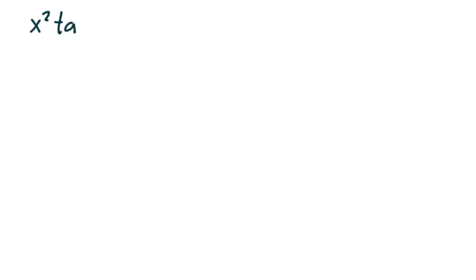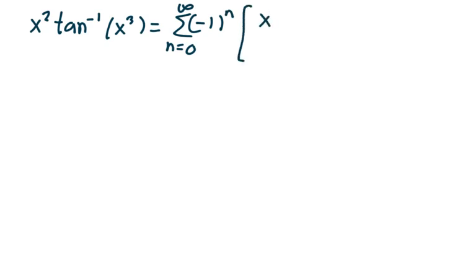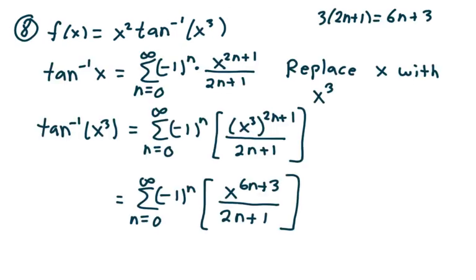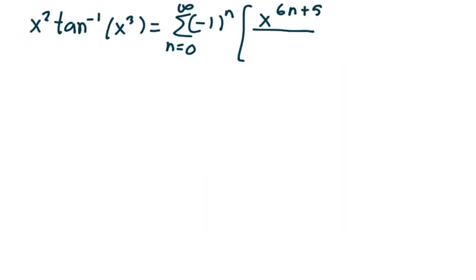So x squared arctangent of x cubed is the summation from n equals 0 to infinity of negative 1 to the n times x to the 6n plus 5. So again, 6n plus 3 plus 2 is 6n plus 5. And then I just divide by 2n plus 1. And that's how we do problem number 8.